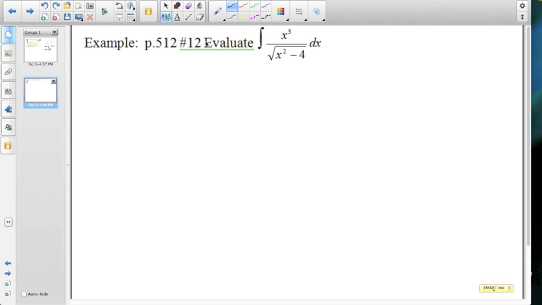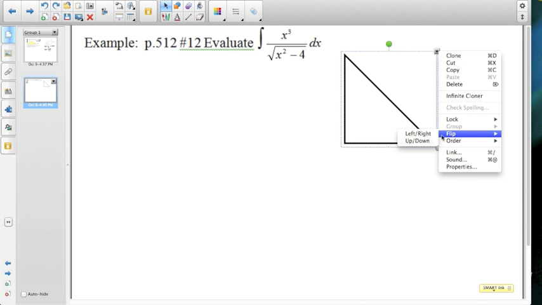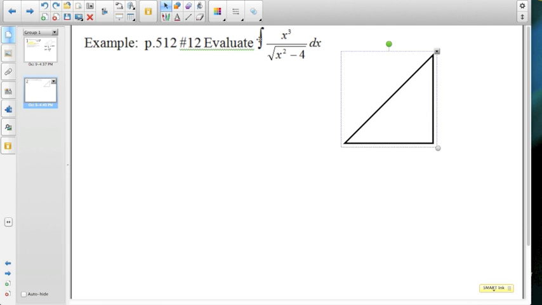So to set up the right triangle for this problem, we're going to go ahead and get our right triangle set up here, with our angle and our right angle symbol.